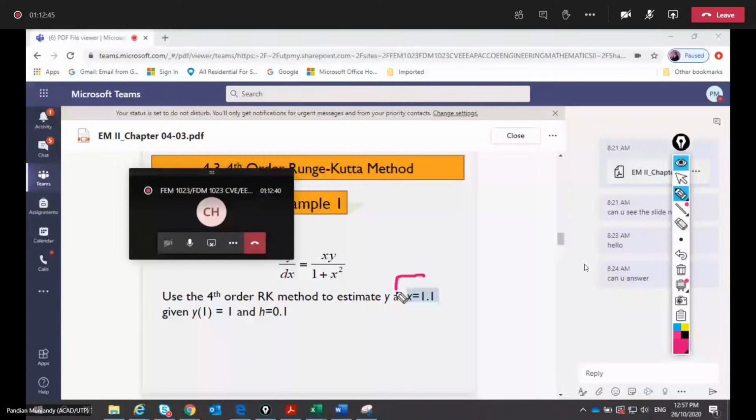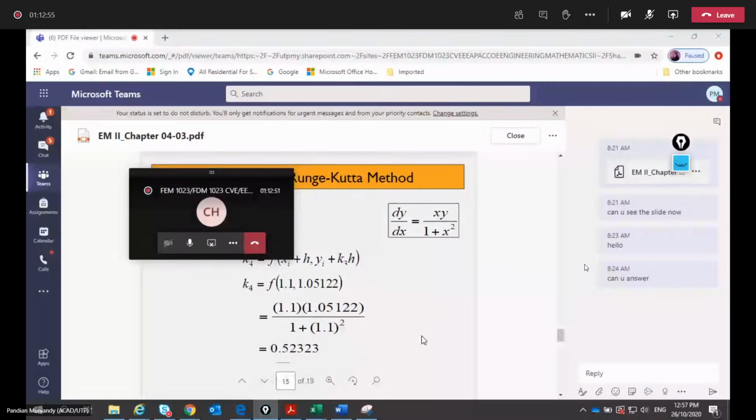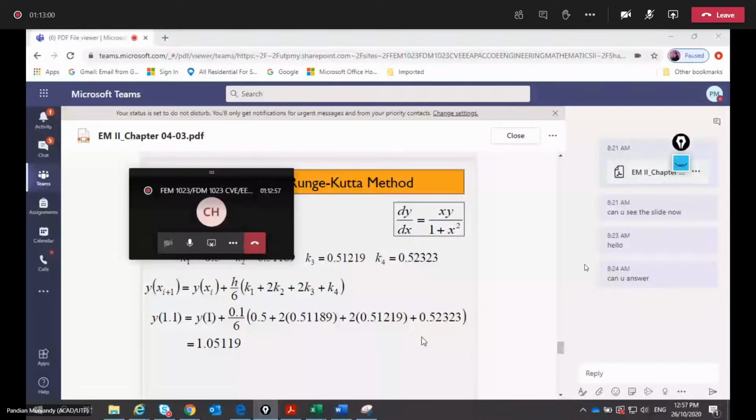You found your y, so you can make a table now. Your homework, you no need to do it now. Two columns only: x and y. First row, x naught and y naught. Second row, x1 and y1. Third row, x 1.1, your y is 1.05119.